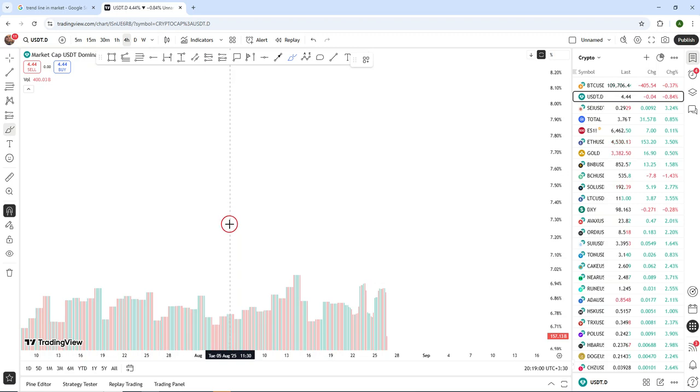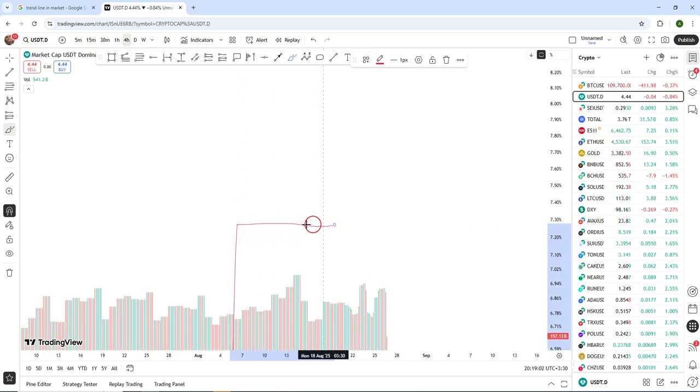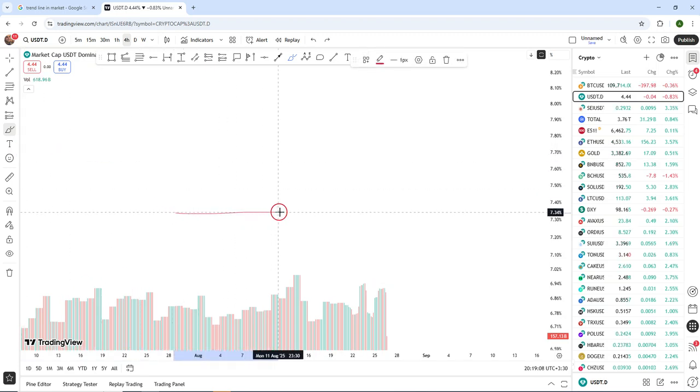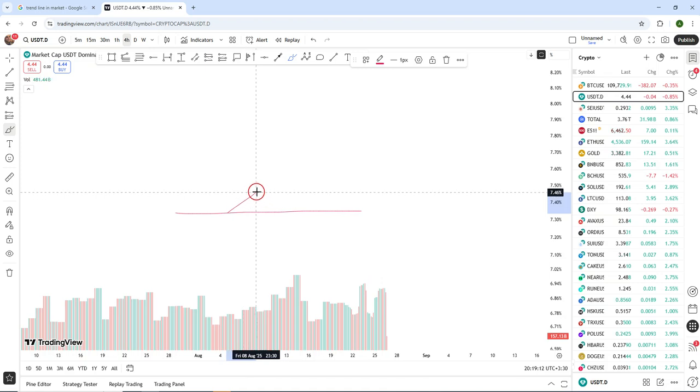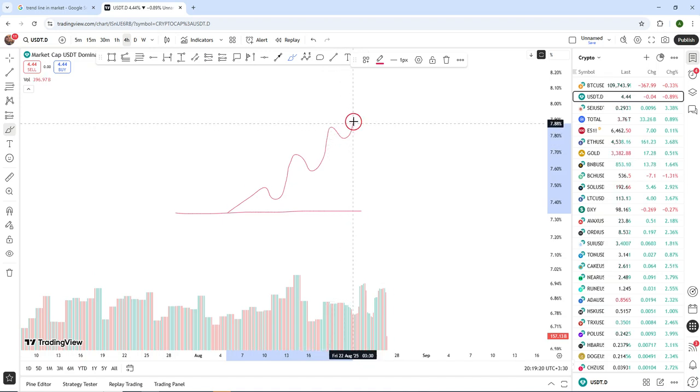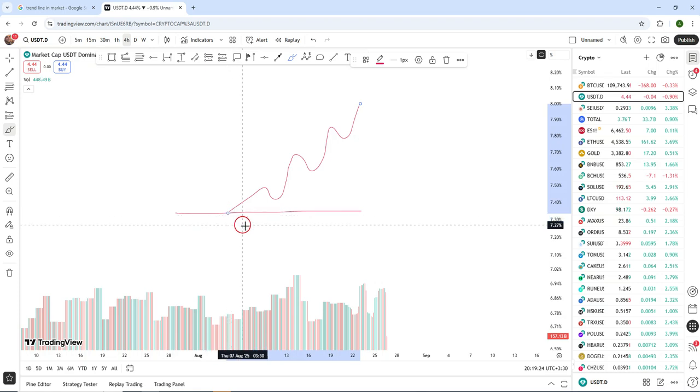Trend line means the price, for example, from here, this area, starts going up and down, and again going up, and again going down, and again going up. And after that, the behavior of the price is something like this.